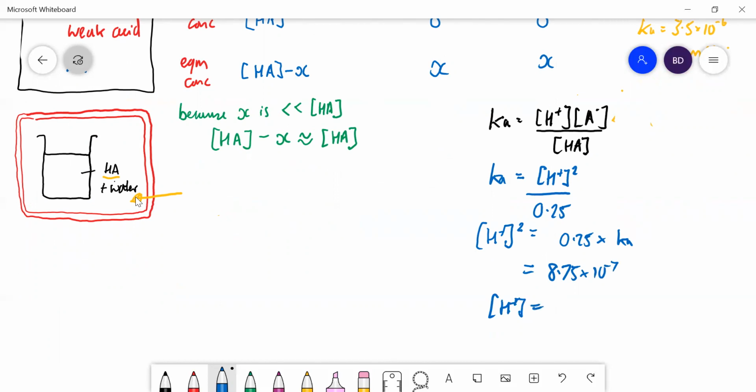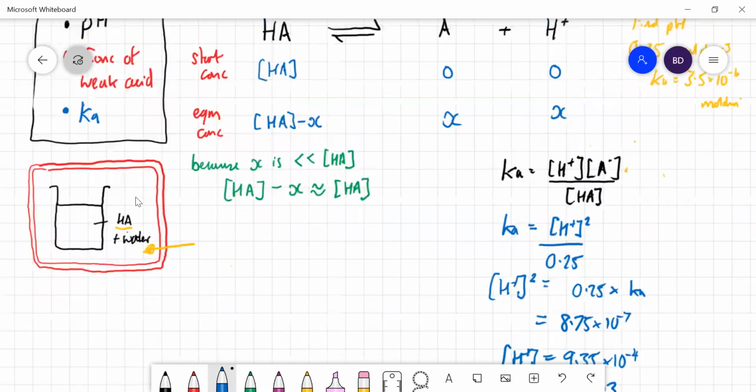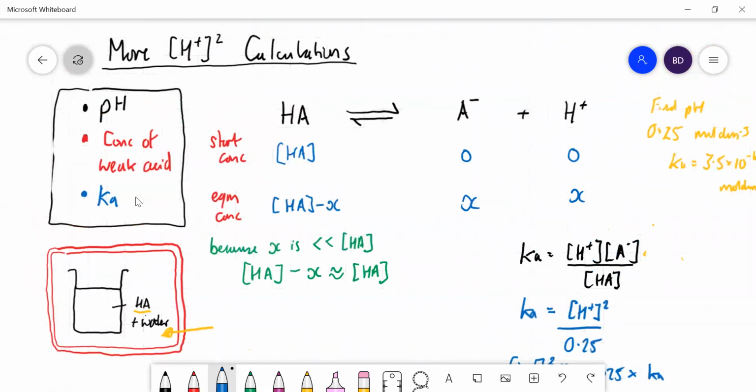That's equal to 9.35 times 10 to the minus 4. Minus log it to get the pH. pH is 3.03. Okay, so that was when we knew the concentration of the weak acid and we knew the Ka, and we had to find out pH.